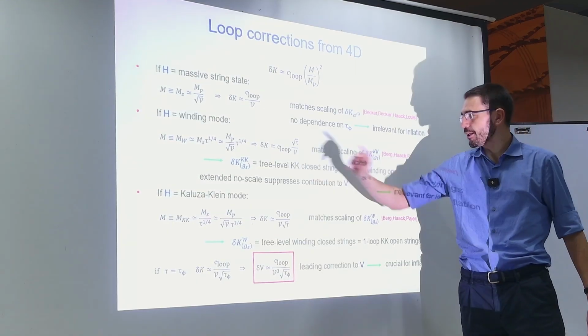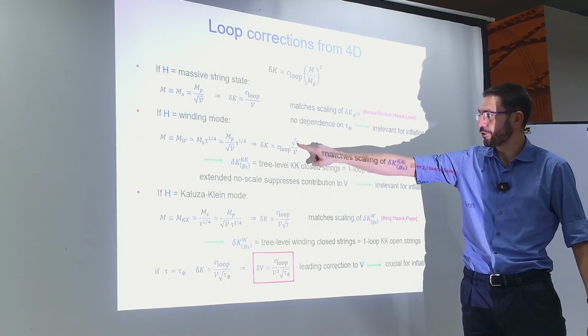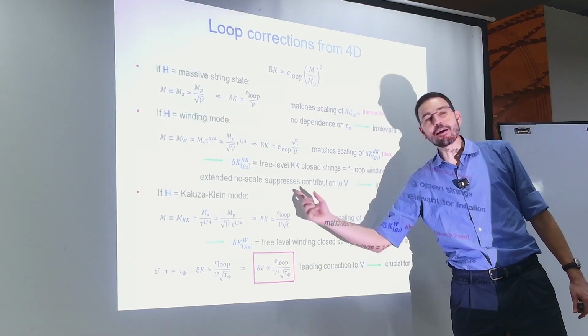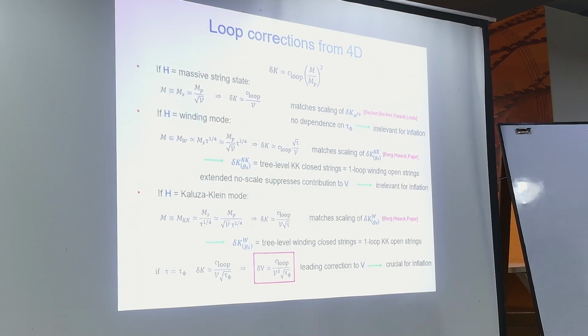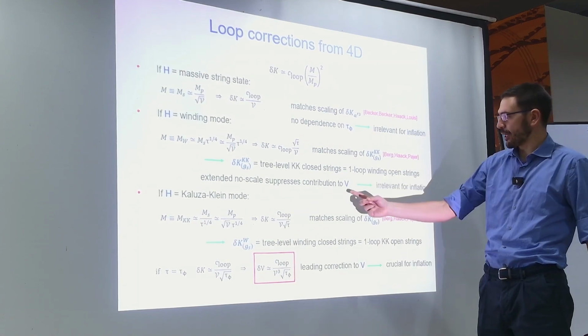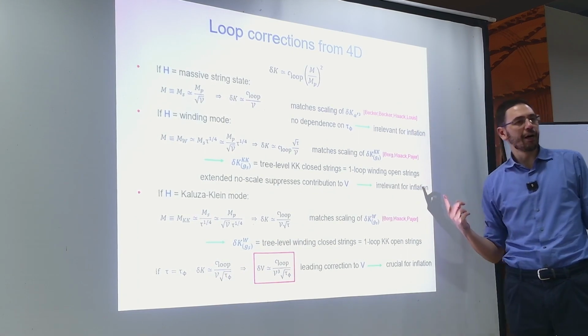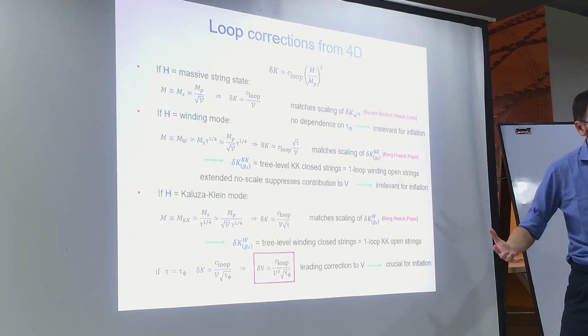However, we've seen that this correction, which might depend on the inflaton, enjoys an extended no-scale structure cancellation. So its contribution to the potential, as I mentioned this morning, becomes irrelevant because it is 0 at leading order.